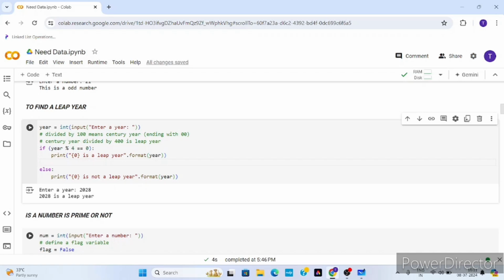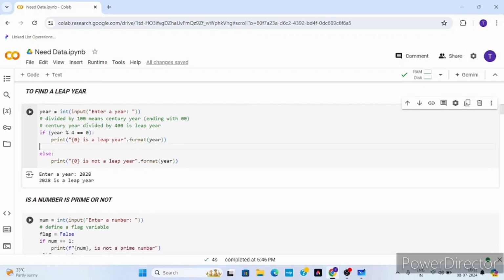It is a non-zero value, so it will be a not leap year. Like any value which is divided by 4 and returns 0 as a remainder is a leap year. So 2028 is a leap year. If you divide 2028 by 4, the remainder is 0. The quotient will be around 507.